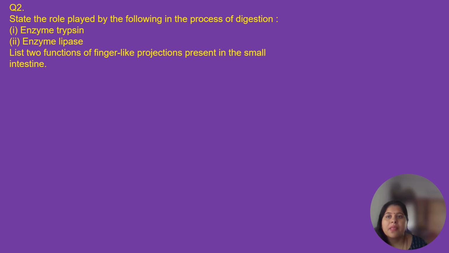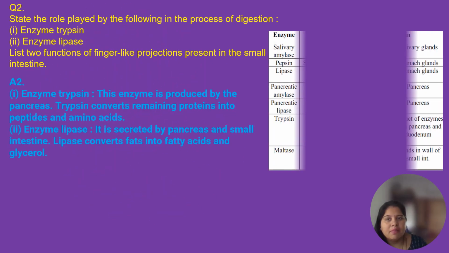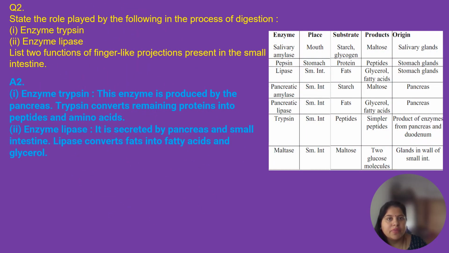Next question is: state the role played by the following in the process of digestion. You have to explain the role of enzyme trypsin and enzyme lipase. So you should know from where trypsin and lipase are secreted, from which part of the digestive system.